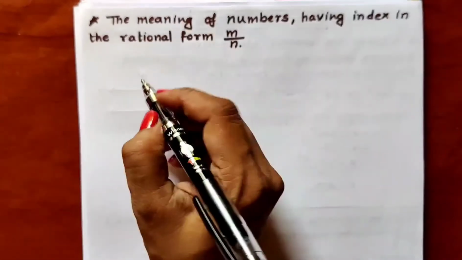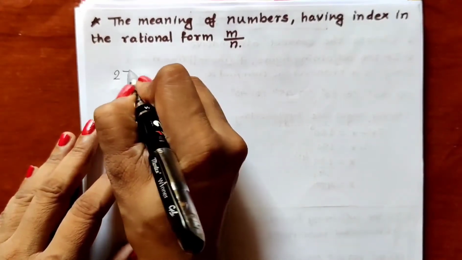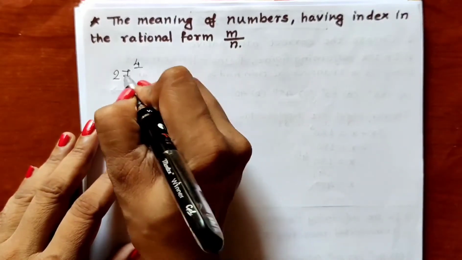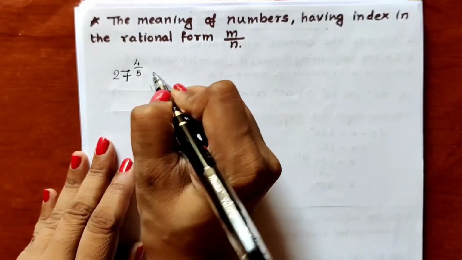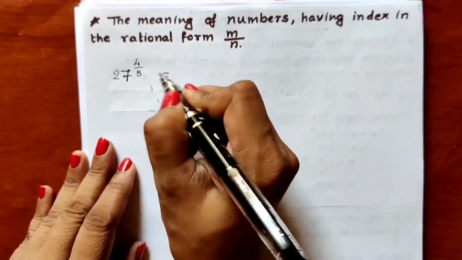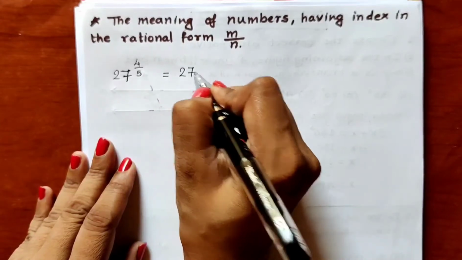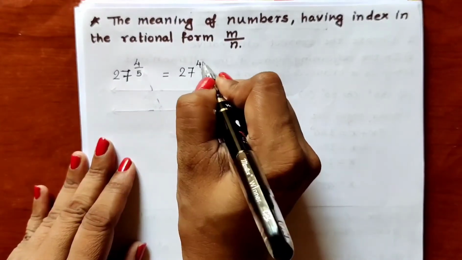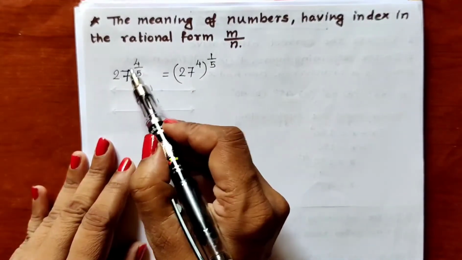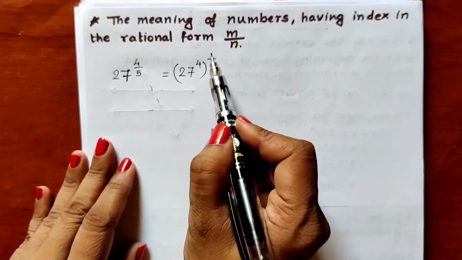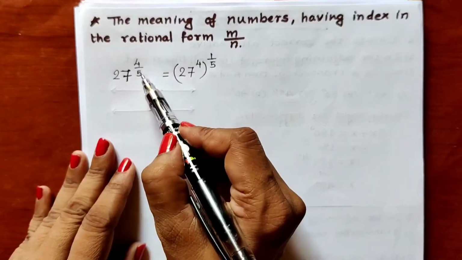If I take this number 27 raised to 4 upon 5, this is given in the textbook also. So this number we can split into 27 raised to 4 raised to 1 upon 5. 4 into 1 upon 5 means 4 upon 5.